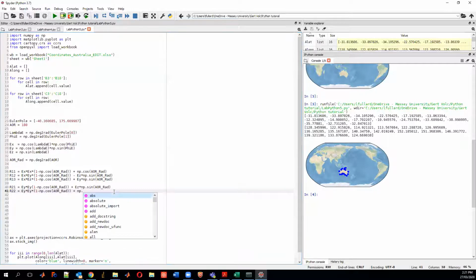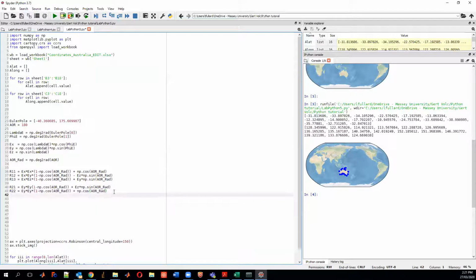Plus numpy.cos(AOR rad). Very good. I'm missing a multiplication in this one, I just noticed.